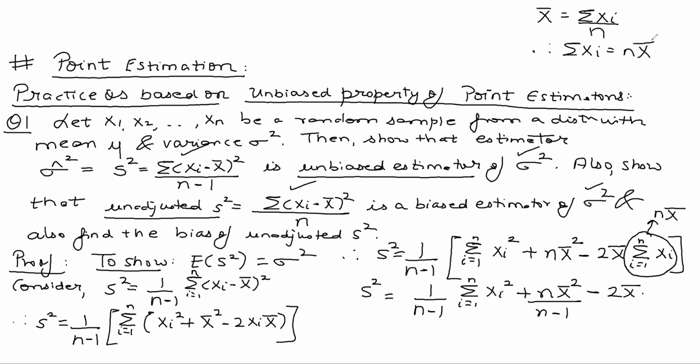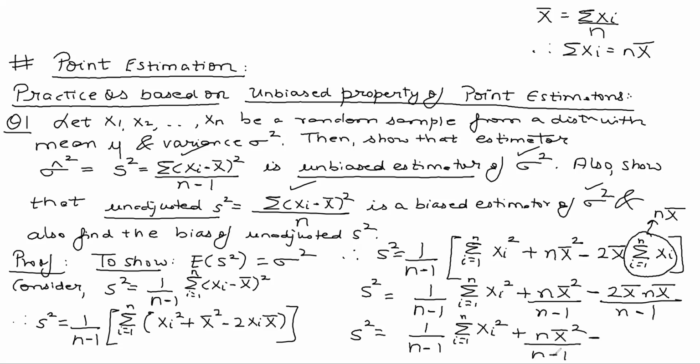So this I can write as 2 x bar into n x bar divided by n minus 1. I hope all students have understood this step. We have taken the denominator in every term and written it like this. So S square becomes 1 upon n minus 1 times summation as i goes from 1 to n of xi square, plus n x bar square upon n minus 1, minus 2 n x bar square upon n minus 1.